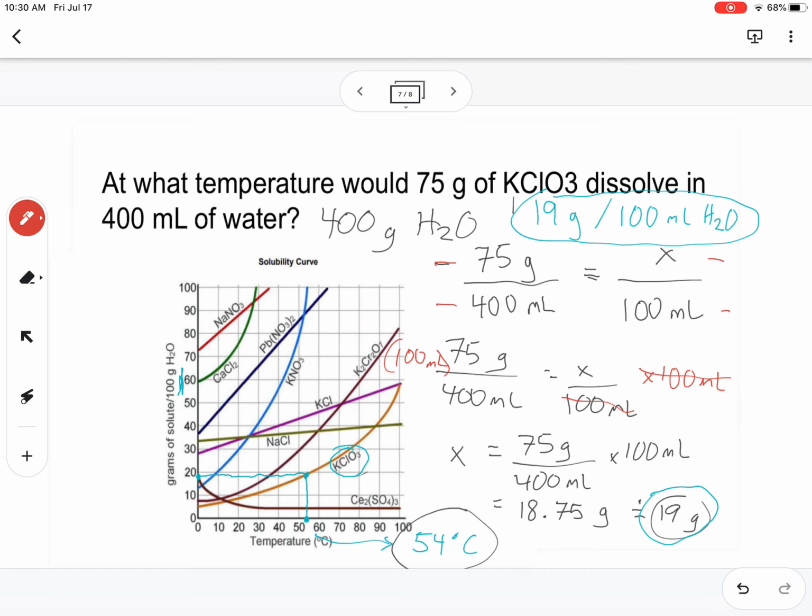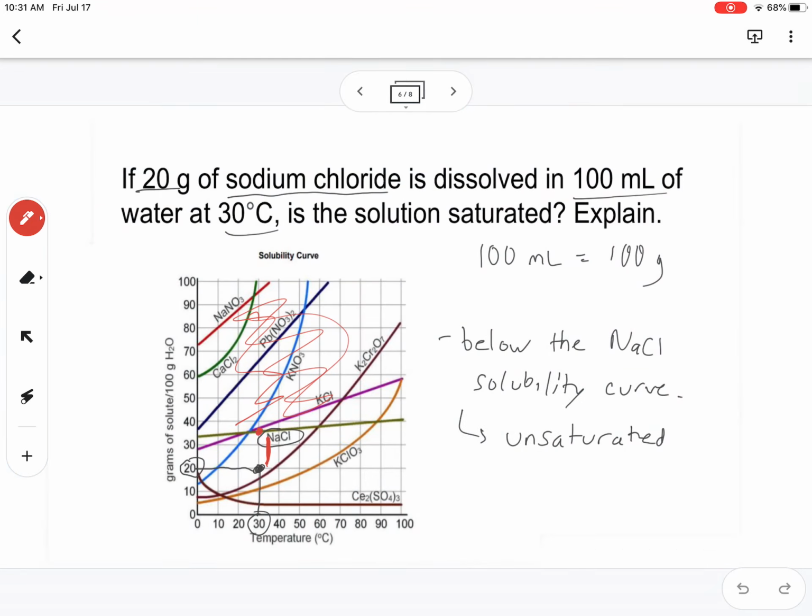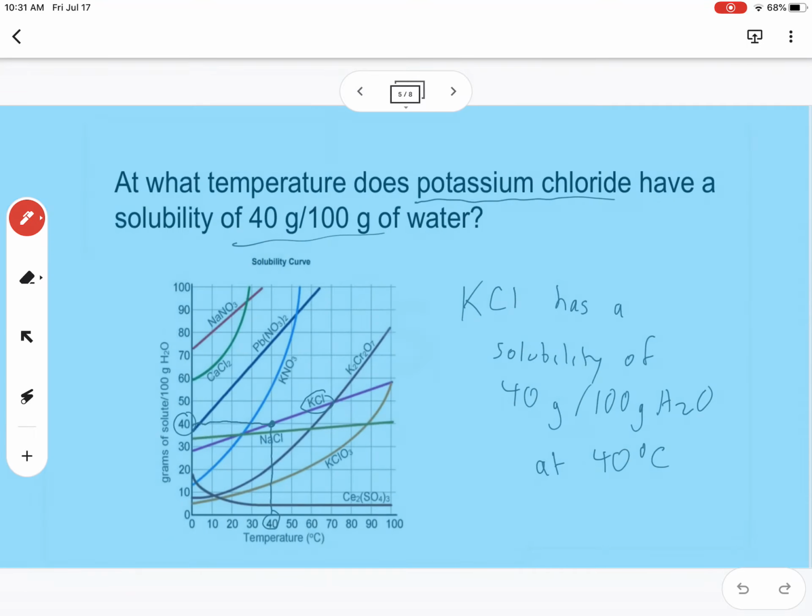And I'm not going to be going over exactly how to do any of those, because it's not about questions being worded a certain way. It's about you thinking about what information you're given and then thinking about what do I still need to find, and how can I use this skill that I have just learned about converting to a mass of solute per 100 milliliters, and how can I use my skill of reading the solubility curve to determine if solutions are saturated or unsaturated.